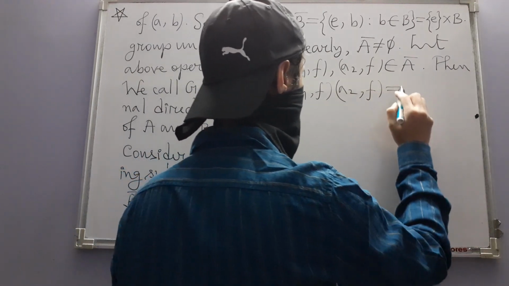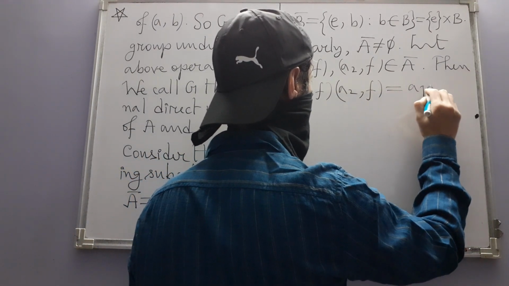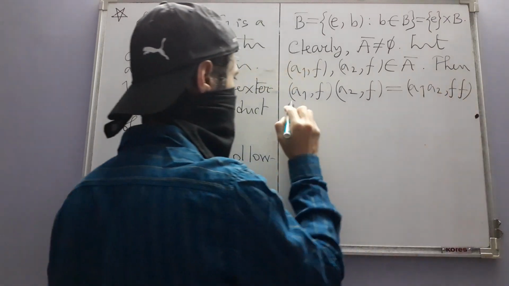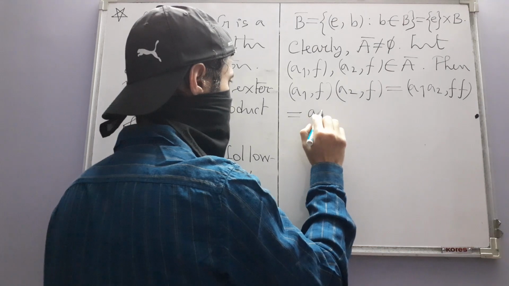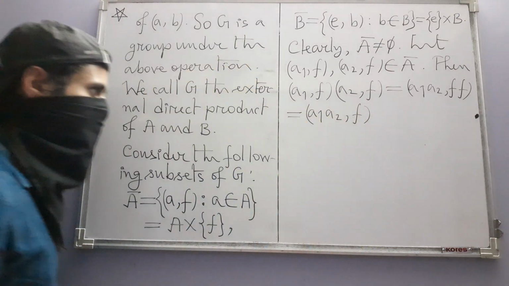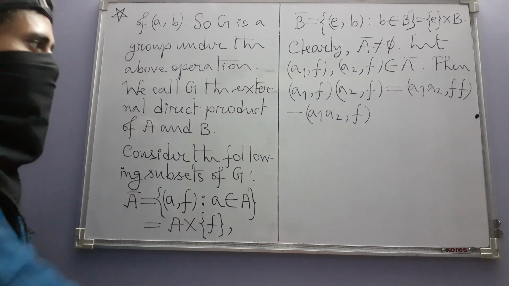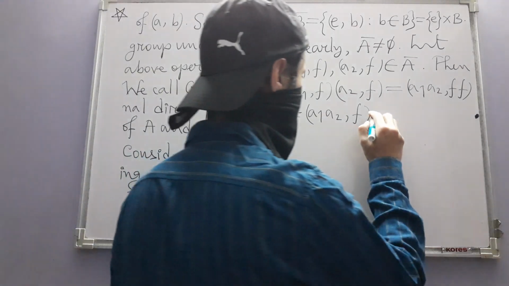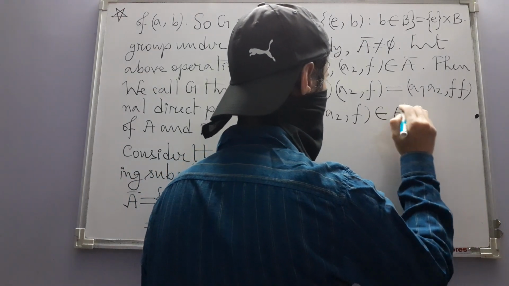By the definition of our original product, this is (A1 A2, FF), that is (A1 A2, F), because F is the identity element. Because A1 A2 is again in capital A, this belongs to A bar.